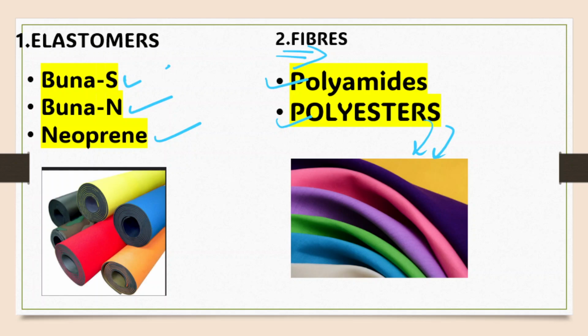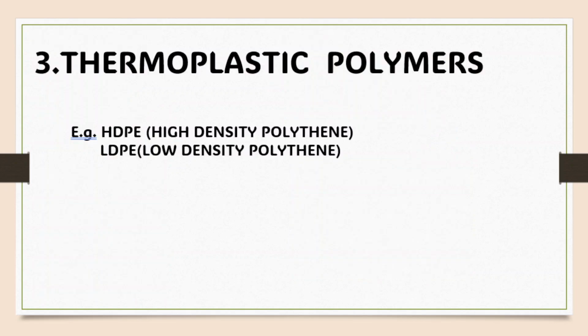Next, we have to study about the thermoplastic polymers. So there is a trick in thermoplastic and thermosetting polymers. These two polymers are very confusing. So we have to study both and keep in mind that we should not confuse the examples. So thermoplastic, suppose this is an example of a plastic bucket I am making.